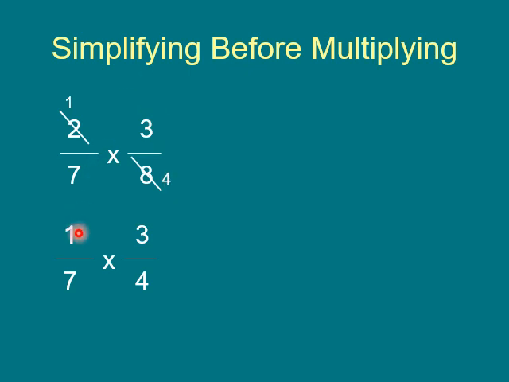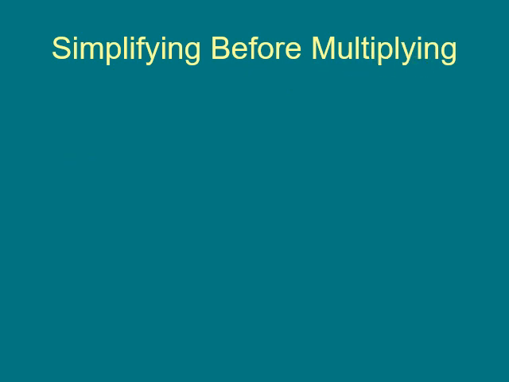So, 1/7 multiplied by 3/4. Then, the answer will be 3/28. So, in this case, nagsisimplify muna tayo before mag-multiply. Another example. 1/3 times 7/3.